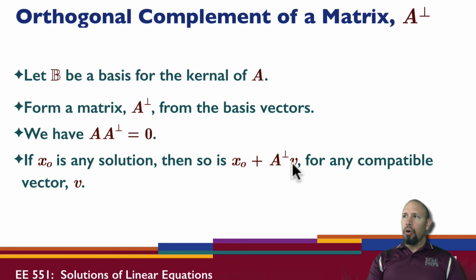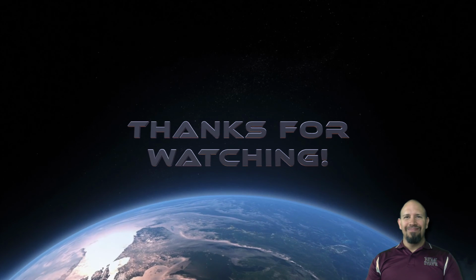You can go through and show that if I take this vector and multiply on the left by A, A times x naught is b, A times A perp is 0, and so we get A times this is equal to b, a solution. So now we have seen the solution to the underdetermined problem.